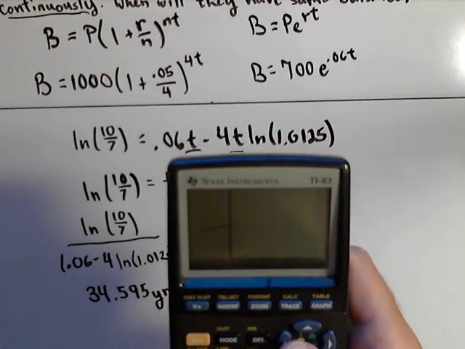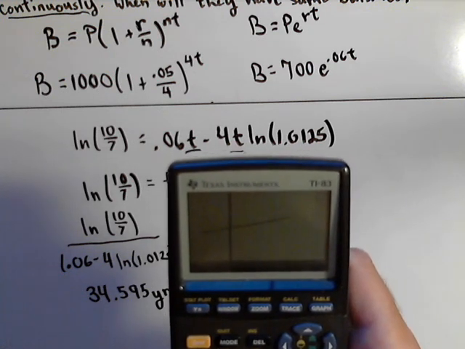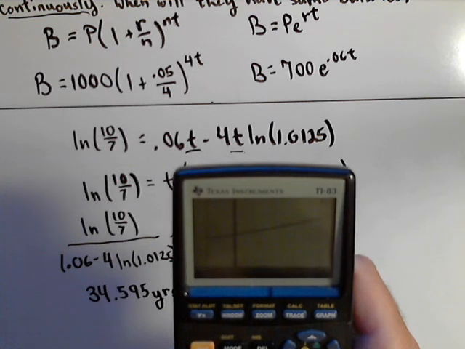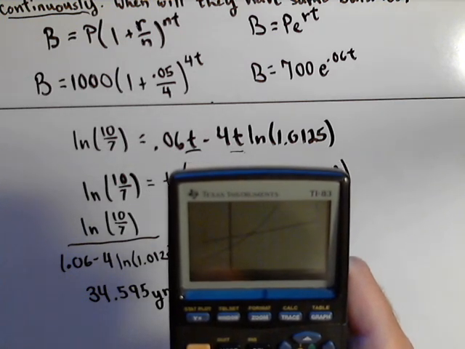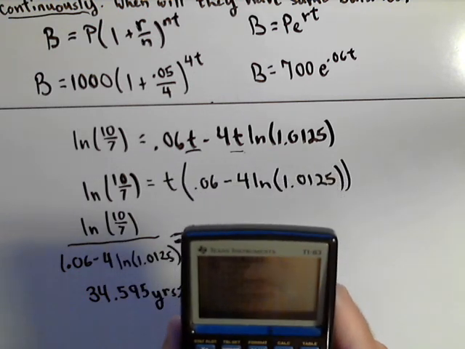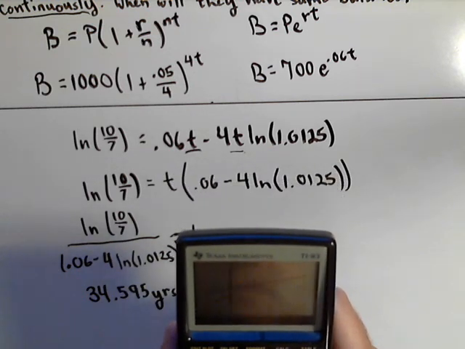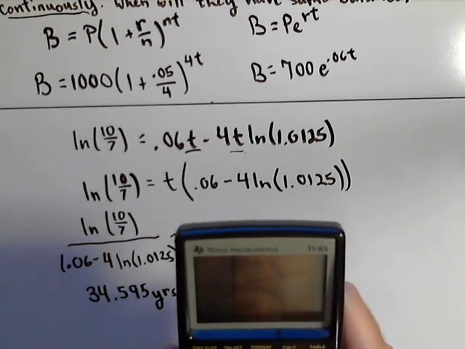So here comes our first one. And notice it's right in the middle, so this is the one with the initial value of 1,000. And so after this will come our continuously compounded one. And to see where these two intersect, we do second calculate intersect.